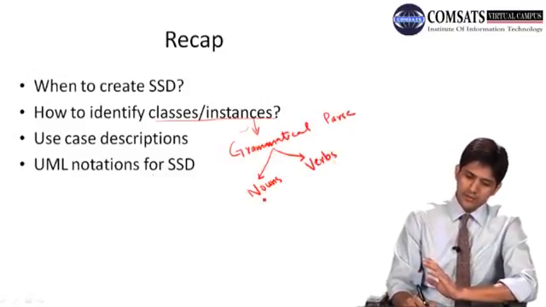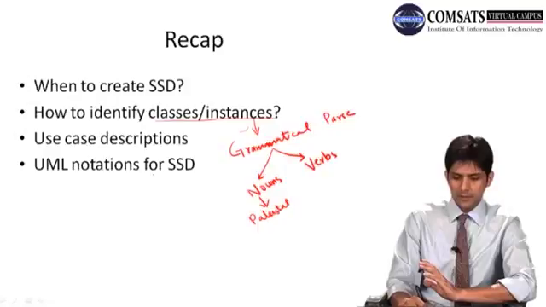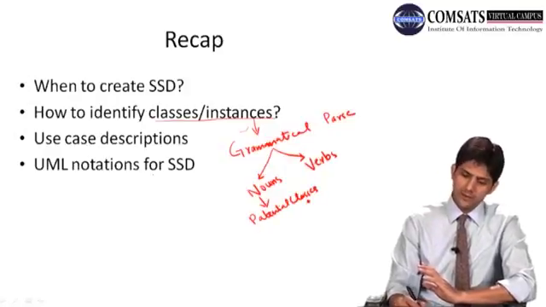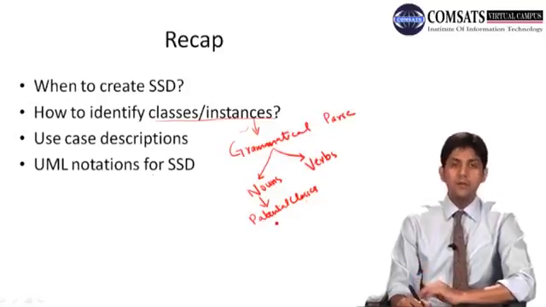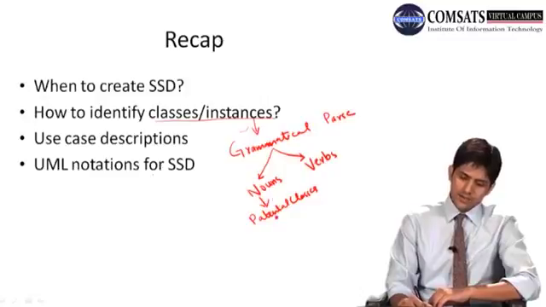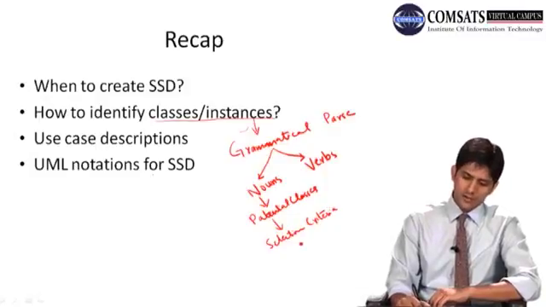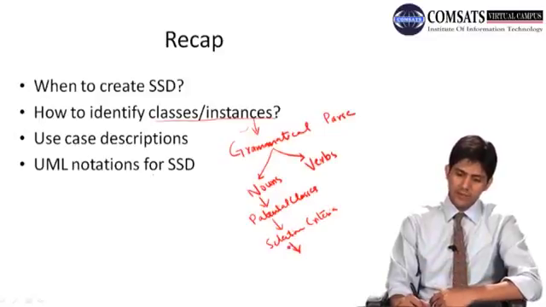Those nouns are also called potential classes. Why do we call them potential classes? Once again, because not all the nouns can be classes. So we need a selection criteria, we apply that criteria, and then we end up with classes for our system.